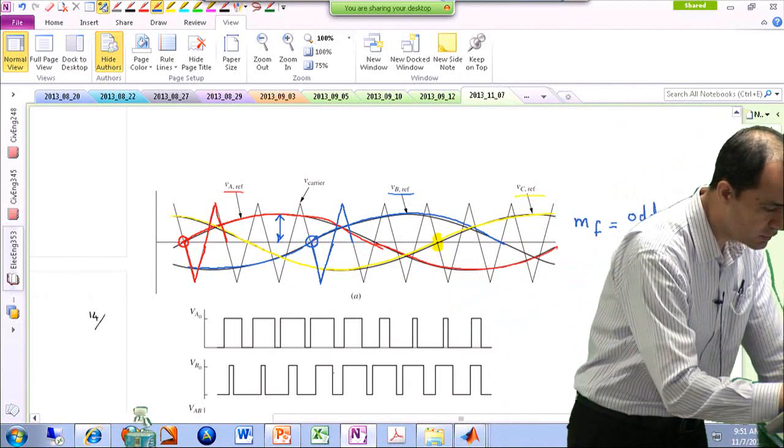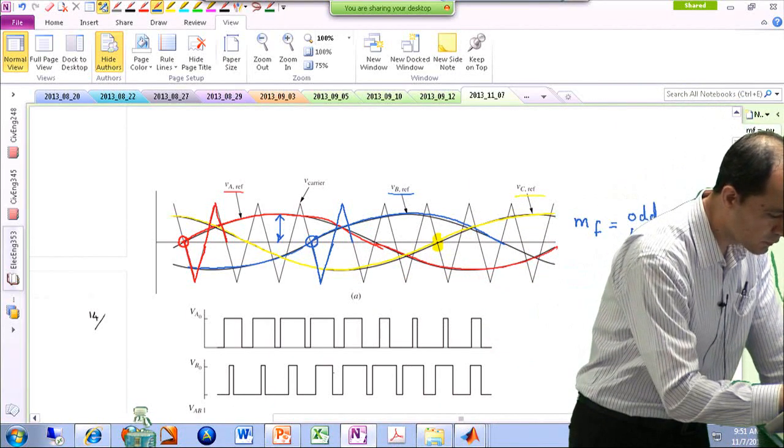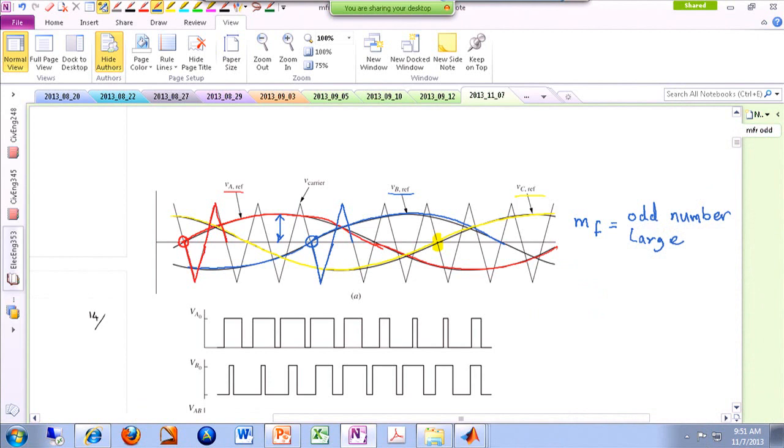The other one is relatively large. For instance, an MF of 3 is not acceptable, or MF of maybe 5 is not acceptable. It's like 15 or something like that. And because we want to do this, with respect to phase B and C and A and B and C, it has some sort of a symmetry.